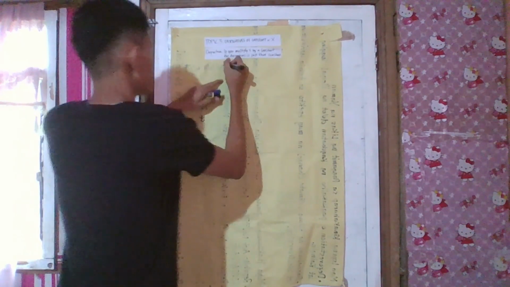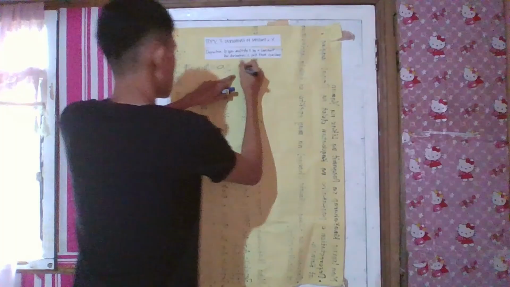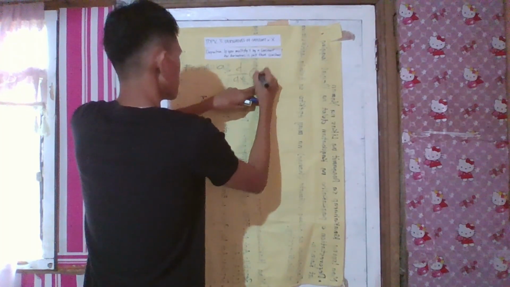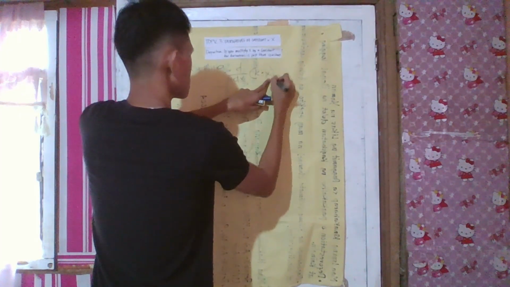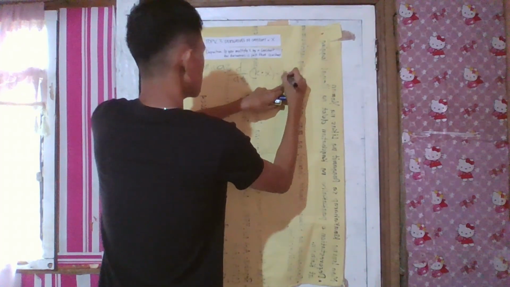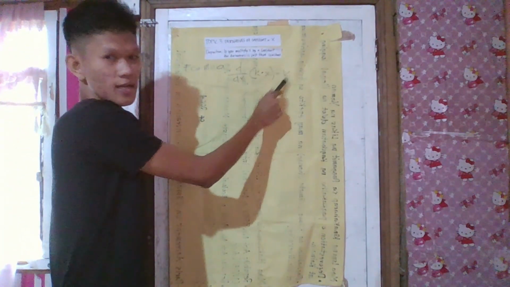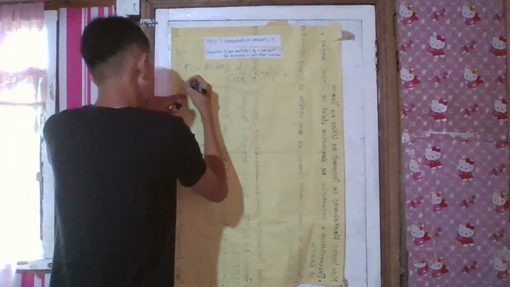These are the formula: d over dx of k times x equals k. What does the formula say? A constant times x, where x is 1, equals the constant. So it cannot be changed. It's a constant.